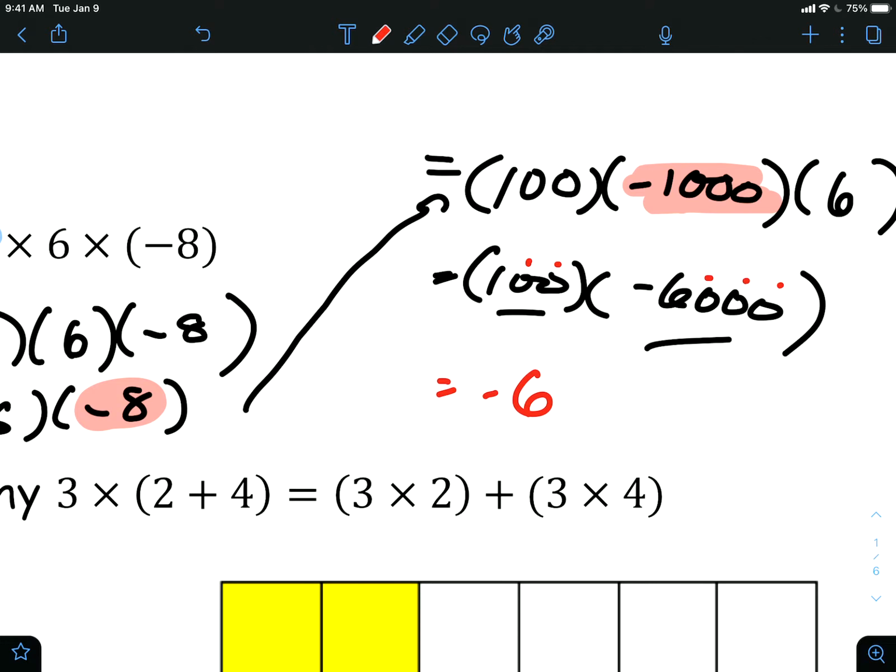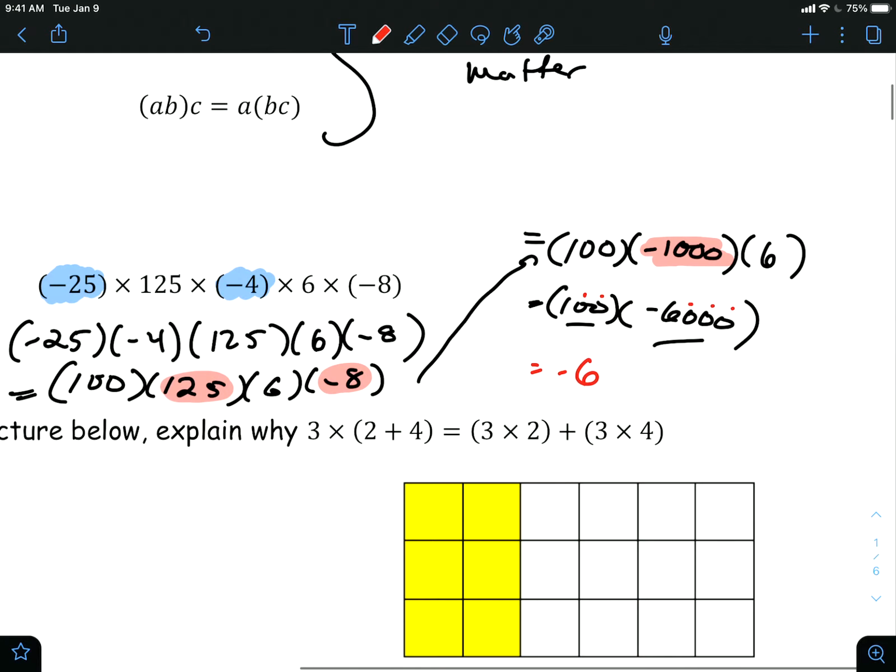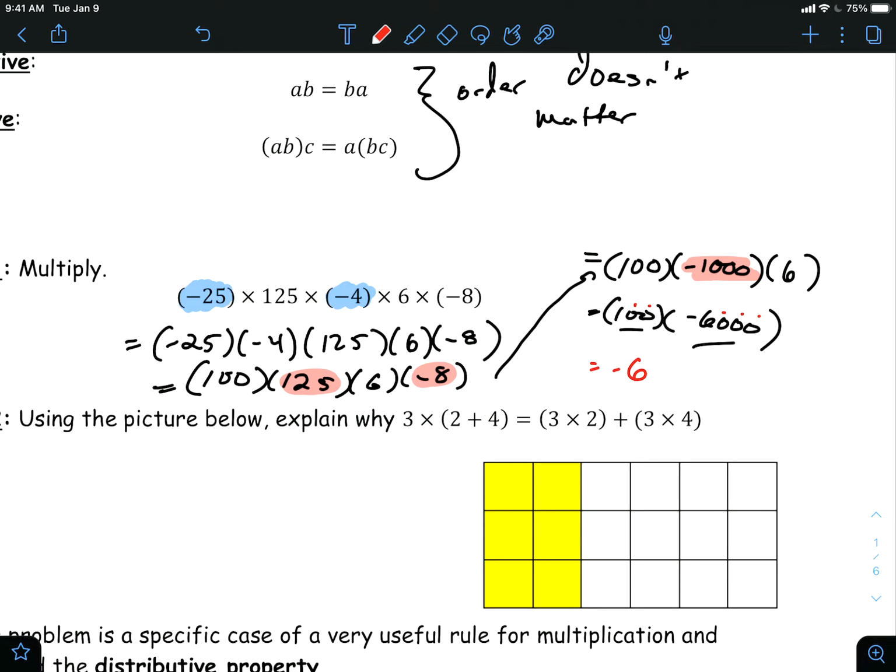Sorry. There you go. That could be my bad a little bit. Okay, so it's whatever the two numbers are. Sorry. This negative 6 times the 1, that's negative 6, and then count the zeros. 1, 2, 3, 4, 5. So that's negative 60,000. Everybody happy?